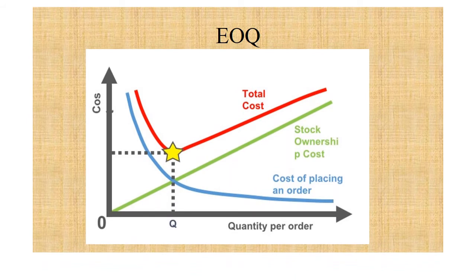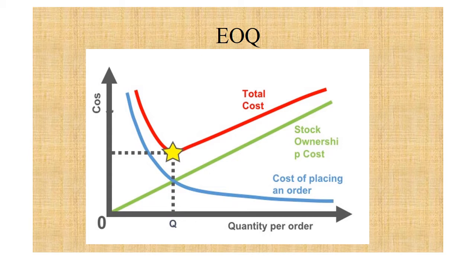We know that EOQ or economic order quantity is the order quantity that minimizes total holding and ordering costs for the year. This is a graphical representation of the EOQ. The y-axis shows the cost and the x-axis shows the quantity per order. EOQ is the point where the carrying cost curve and the ordering cost curve intersect.